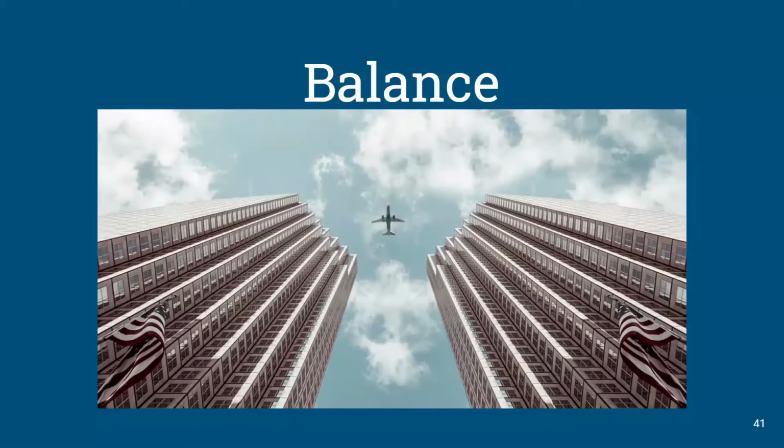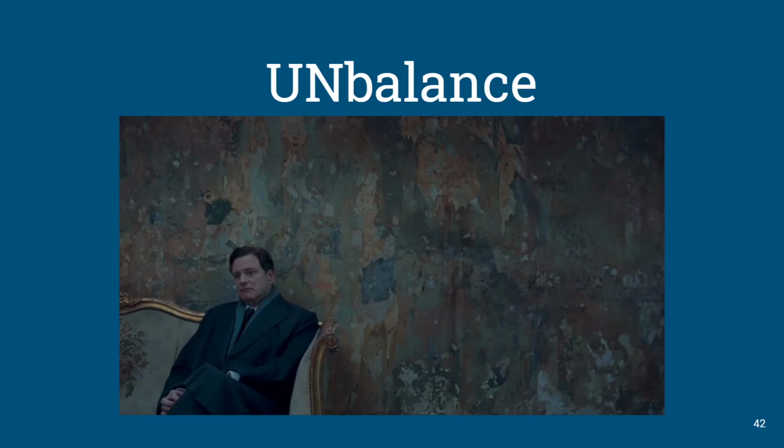Again, what are they trying to communicate with each shot? Why balance it like this? It all depends on what the intention of the director is on a given shot for a given scene and a given story. We can also use unbalanced to communicate something. This is from The King's Speech.